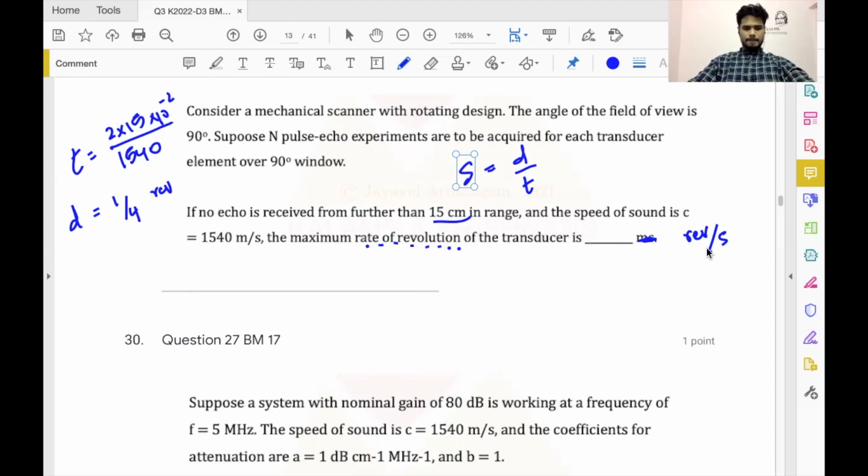If we calculate the time itself, that roughly comes down to about 20, approximately 19.5.